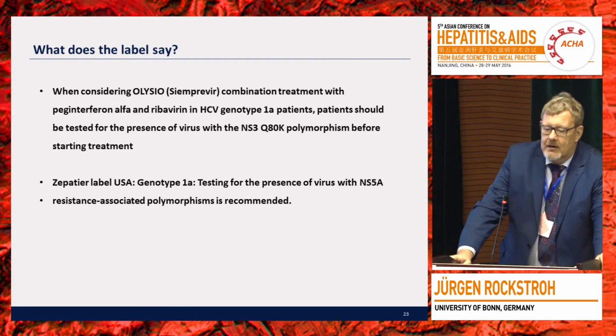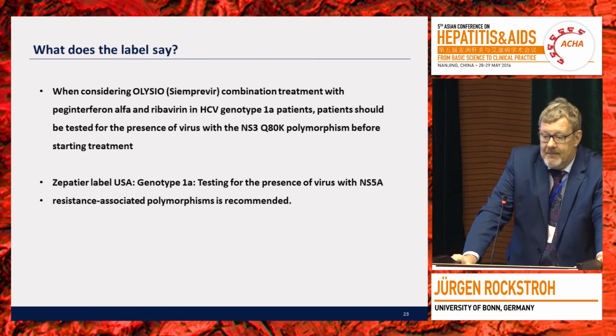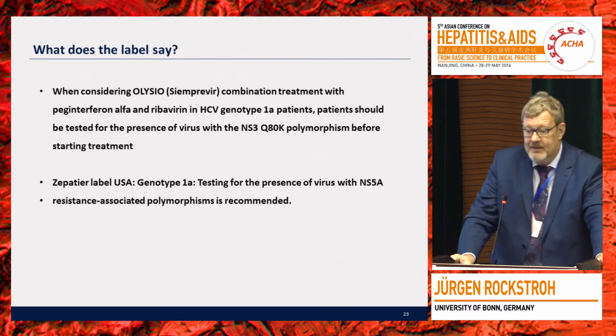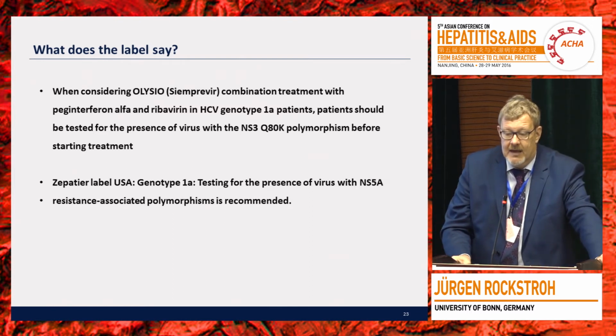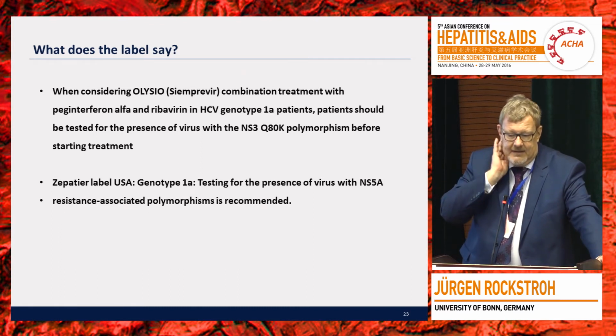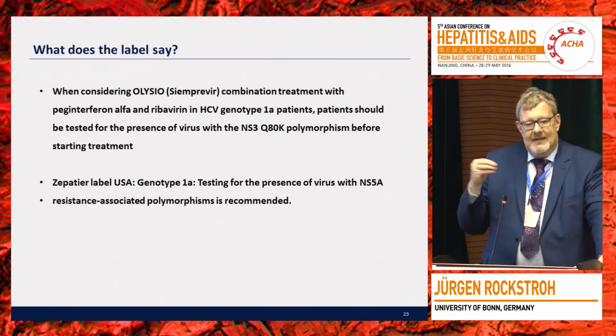For the two other compounds which are more broadly available, when you consider simeprevir combination therapy, it says if you use that with PEG and riba, you should be tested for the presence of the NS3 Q80K polymorphism, and the Zepatier label, which is the grazoprevir-elbasvir combination, requires for genotype 1A testing for the presence of virus with NS5A resistance-associated polymorphisms. Note that this is in the FDA label.